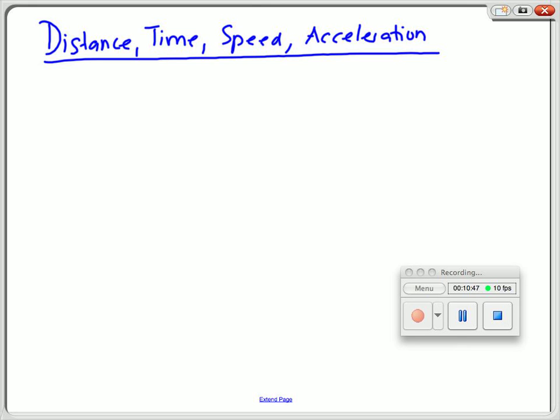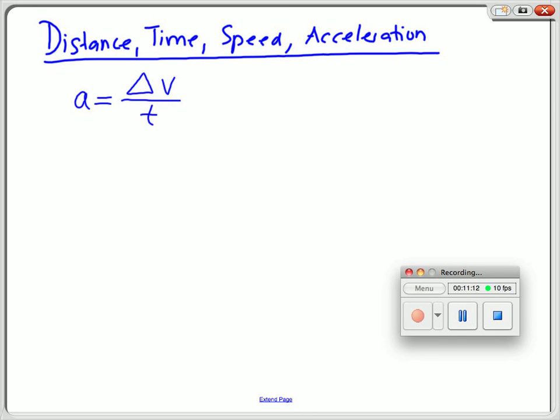So let's move on to acceleration. The formula for acceleration is the change in velocity divided by the time. And the change in velocity is always represented by a delta sign. Delta V stands for the change, and this is divided by the time.